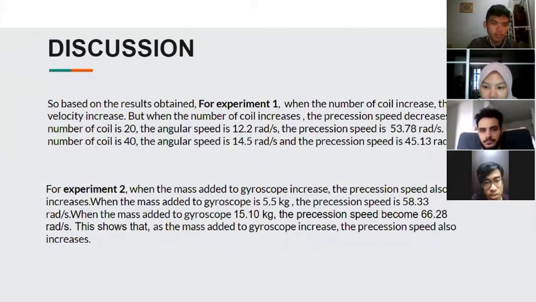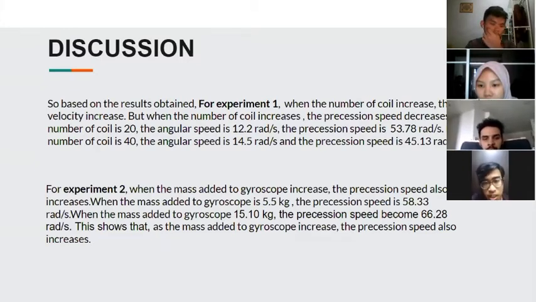So based on the graph and results obtained for experiment 1, when the number of coils increases, the angular velocity increases, but the precession speed decreases. When the number of coils is 20, the angular speed is 12.2 radian per second and the precession speed is 53.78 radian per second.